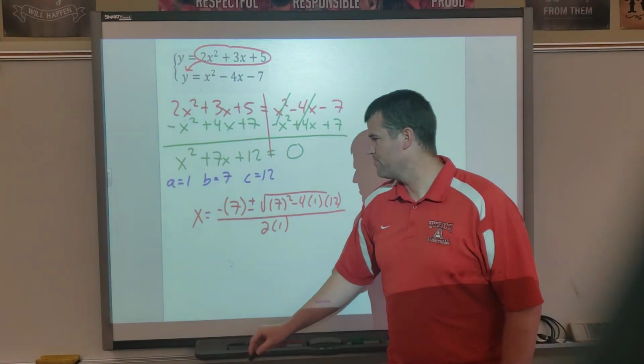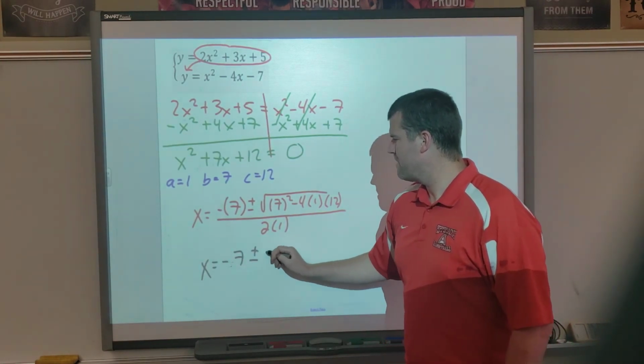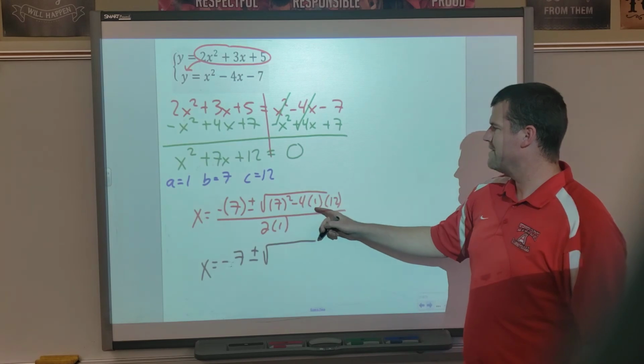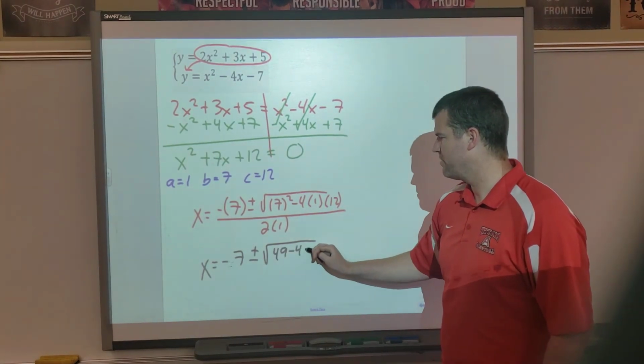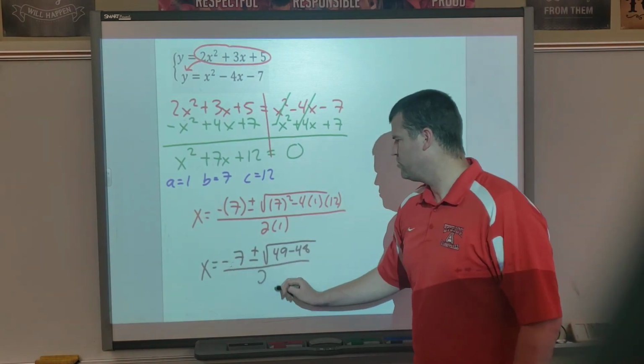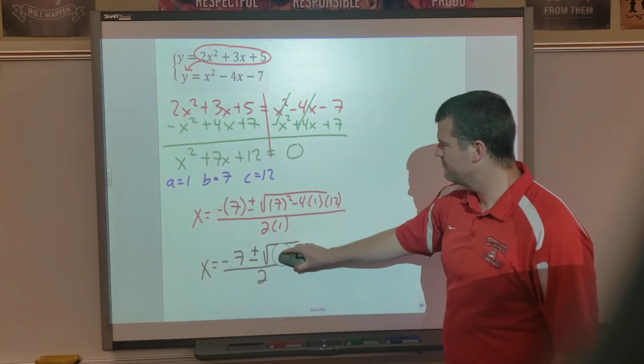I love the quadratic formula, it's so good. -7 plus or minus the square root of 49 minus 48. Go ahead and write it down. 49 minus 48 all over 2. 49 minus 48 is 1.